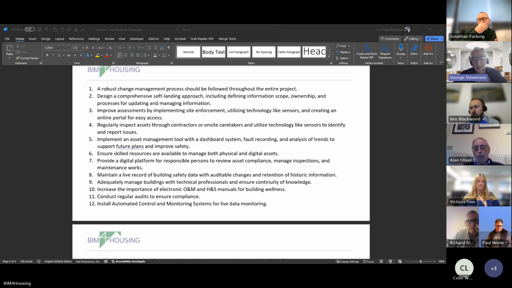Obviously compartmentation and cavity barriers, and probably the fire doors, would be under the remit of the architect, but the dampers and a lot of these items here would be from specialists, wouldn't they? Yeah, I guess it depends on the scope of what you're actually asking the architect to do.